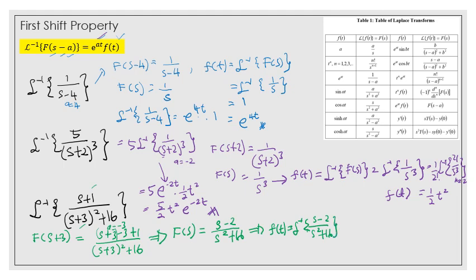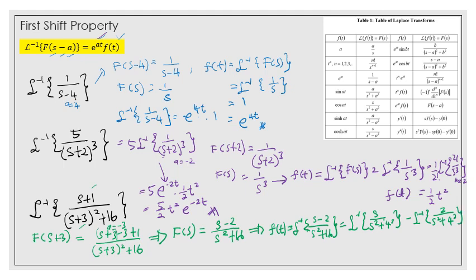Alright, so we can split this one. We will get the answer: inverse Laplace of s over (s squared plus 4 power 2), minus inverse Laplace of 2 over (s squared plus 4 power 2).